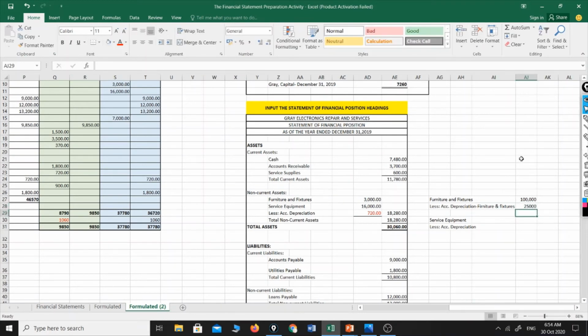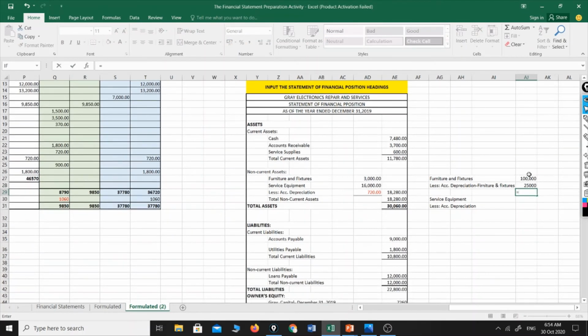So you deduct that one. The net amount for furniture and fixtures is 75,000. Same with the service equipment.